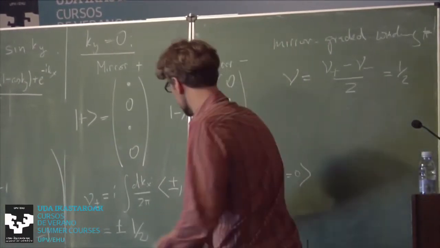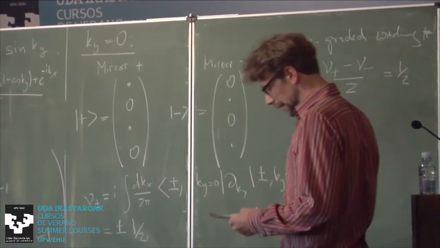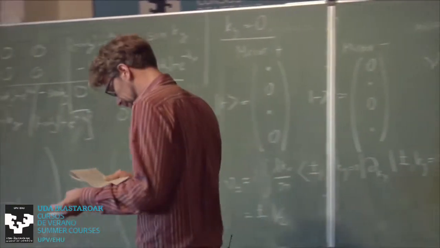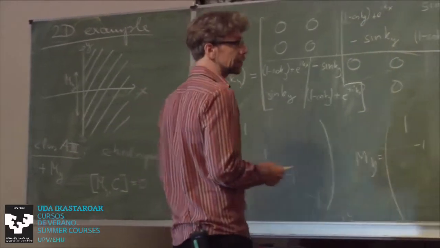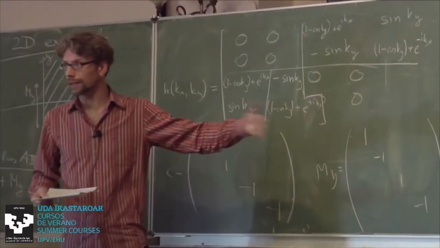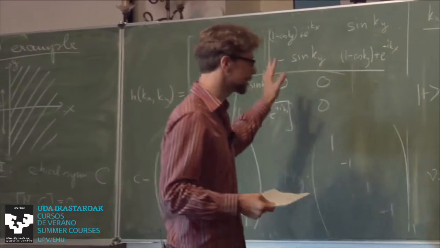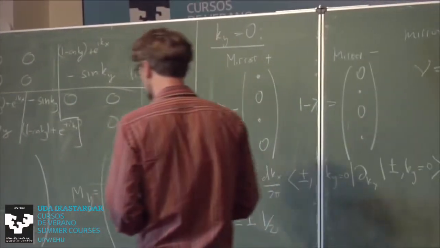Because it's 1/2 minus 1/2, and this is a topologically non-trivial case. And then of course if I do this at ky equal to pi, I'll get 0 because all my SSH chains are trivial.